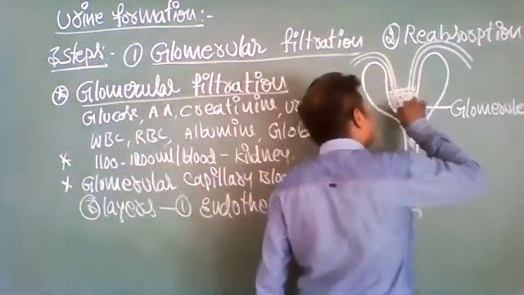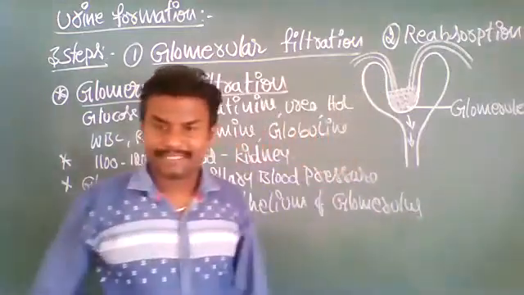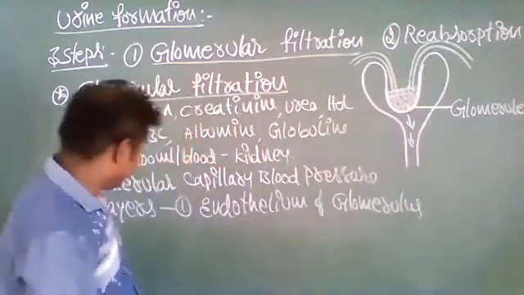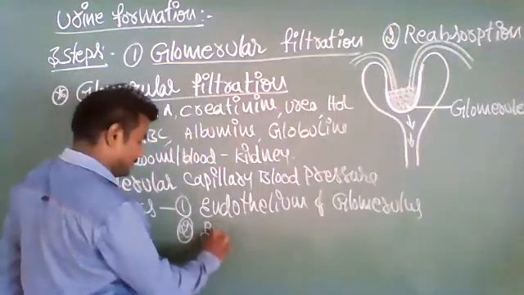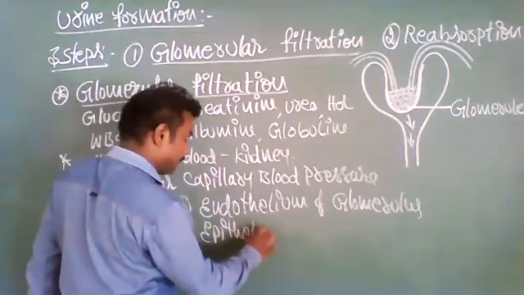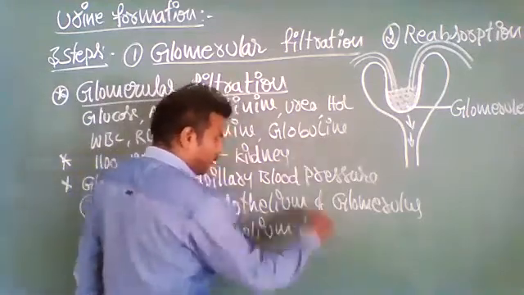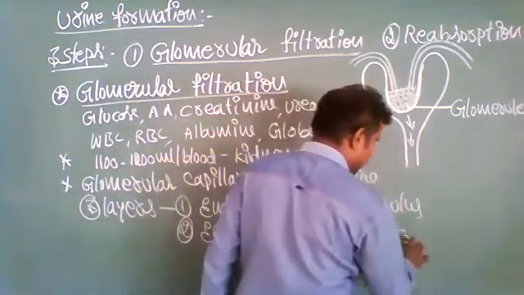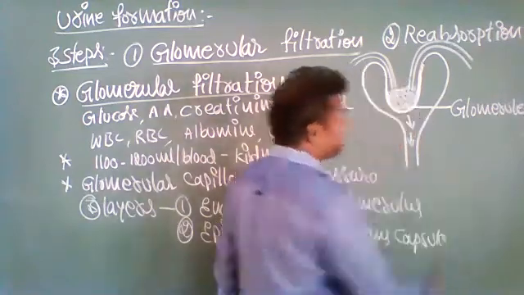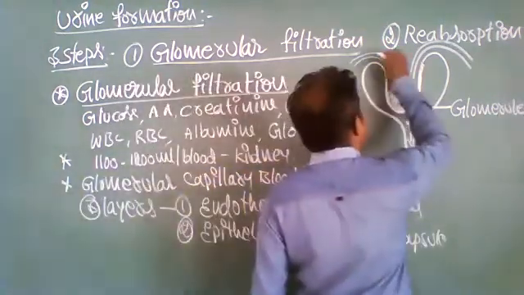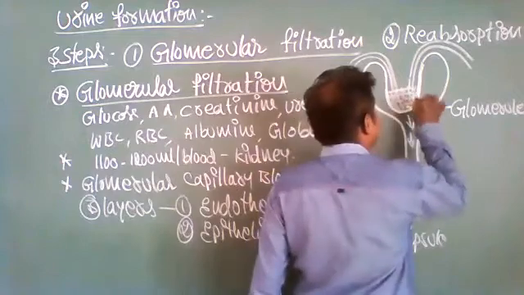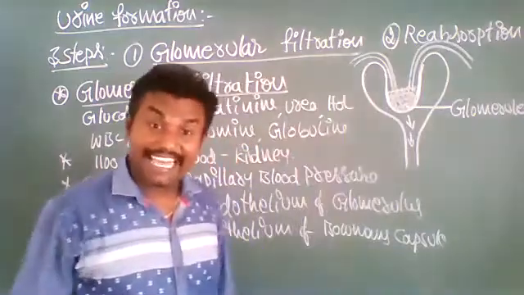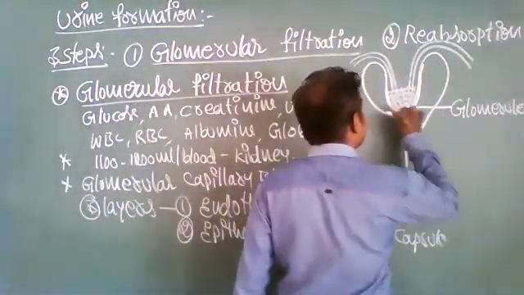Here, endothelium of the glomerulus, there is one layer present. Next, epithelium of the Bowman's capsule. This entire thing is Bowman's capsule. In this region, glomerulus, here endothelium is present. Epithelium is present here.